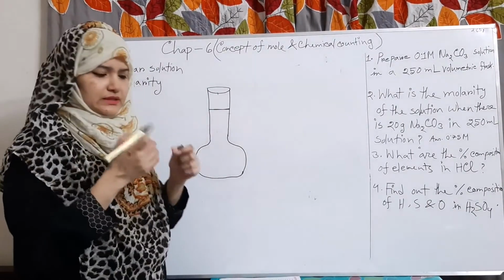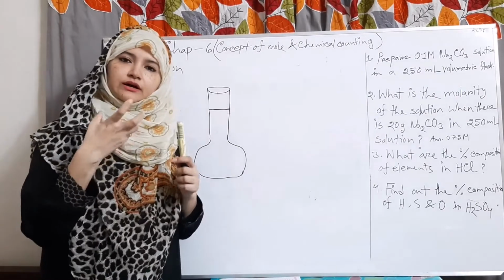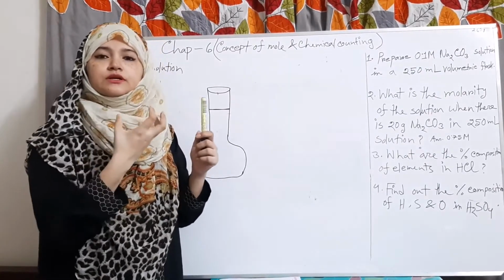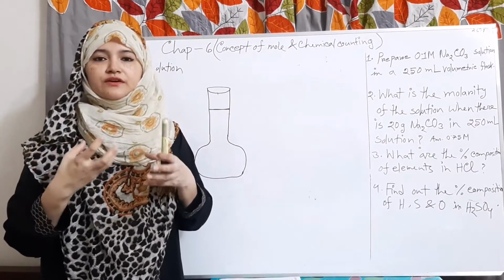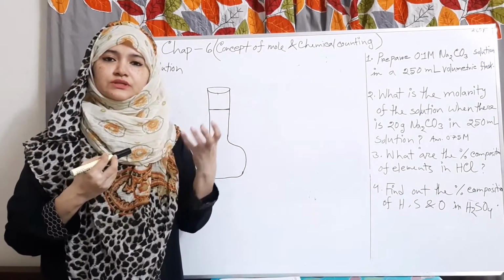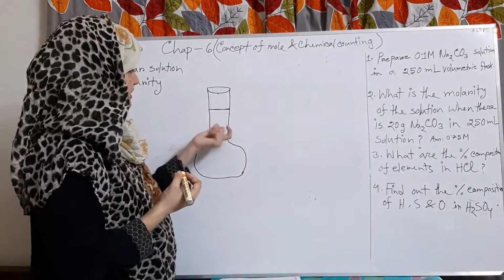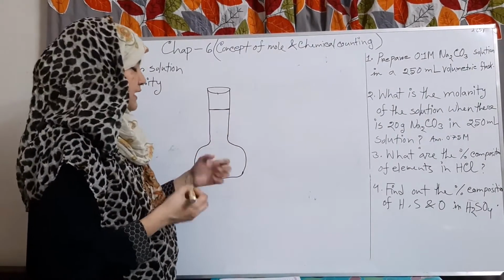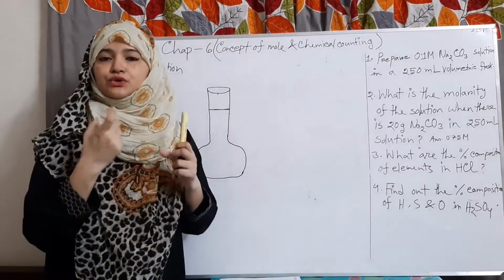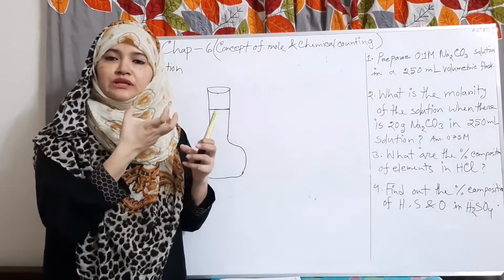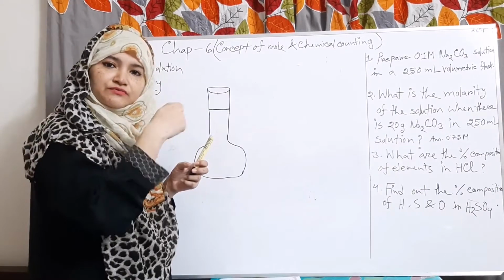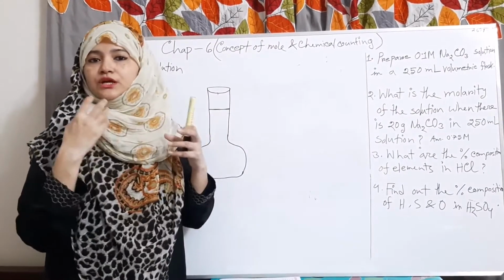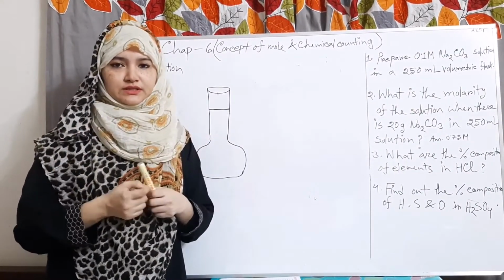Then we have to weigh a certain amount of the solute and put it in this flask. After that you have to add a small amount of solvent such as water and shake the volumetric flask properly to dissolve the solute in it.